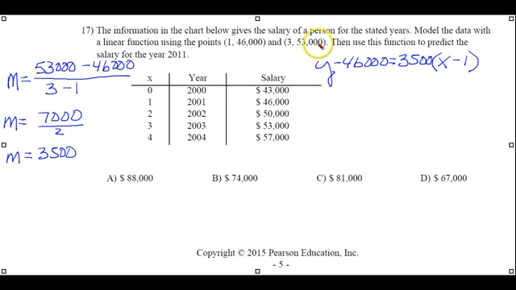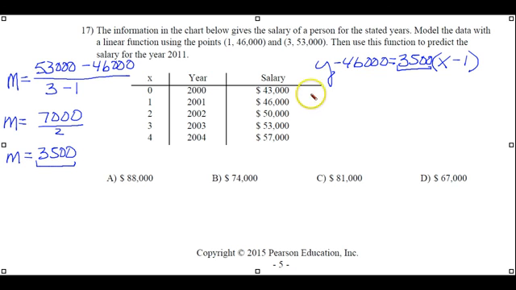So 53,000 minus 46,000 over 3 minus 1 gives us 7,000 divided by 2, gives us this for our slope. That we'll put in the point slope form. And it's y minus, I chose these points, and this for my x. So that's where we are.